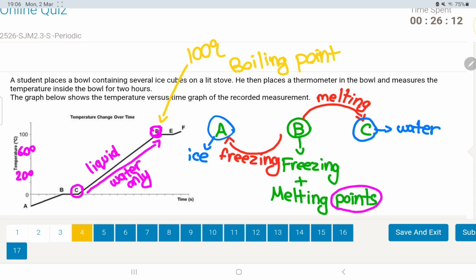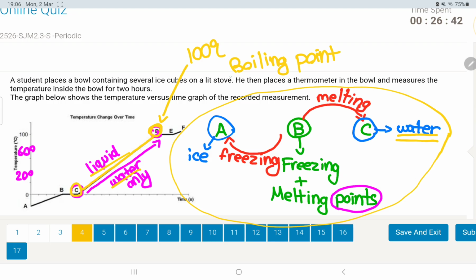Okay, so let's stop here and revise what we did. So now you guys know A, B, and C because of this here. Starting at C, what did we say C is? Water. And then C all the way to D, it's only liquid water until it starts to boil at D. Why?